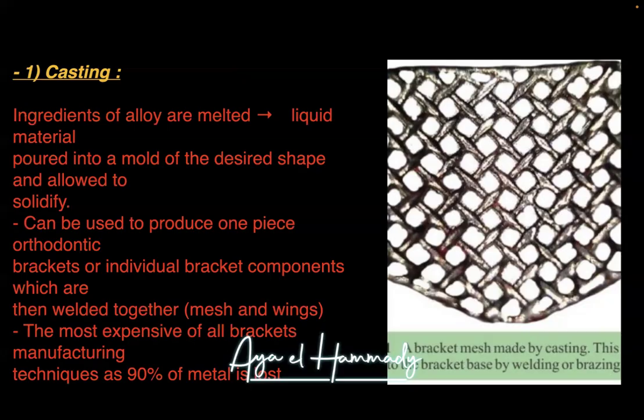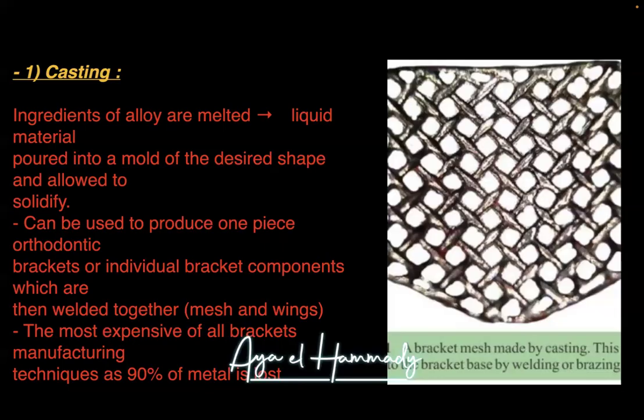After this, I'm going to weld all of these components to give me the final shape of the bracket. I'm going to weld the mesh with the wings, with the inclined base, to give me the final shape of the bracket.